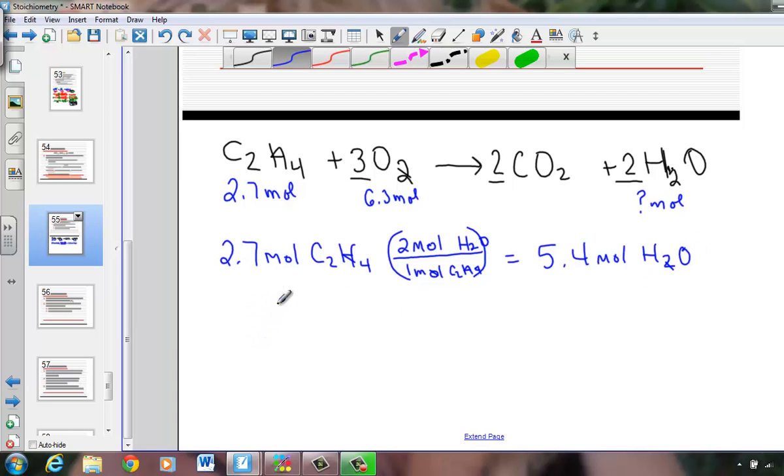Let's compare that with the second beginning ingredient, a separate stoichiometric journey. Begin with its given quantity of 6.3 moles of oxygen. Go to the same target. We want to compare those two answers. This stoichiometric ratio of water looks like 2 moles of water for every 3 moles of oxygen.